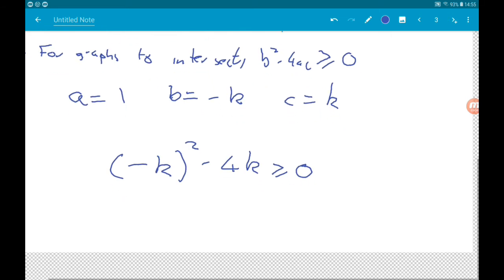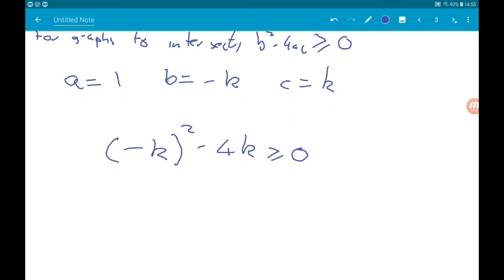Now, minus k squared is k squared, so we have k squared minus 4k has to be greater than or equal to 0.